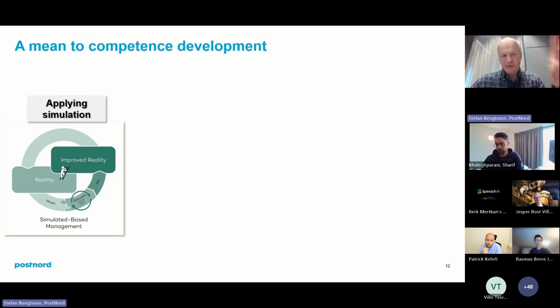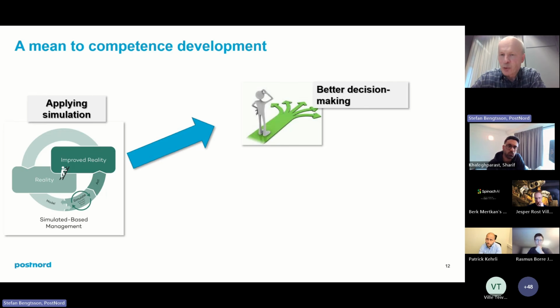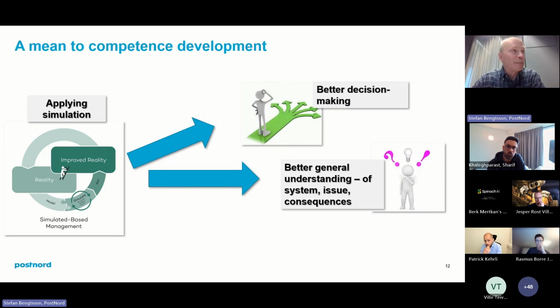Because I claim this, if we apply simulation with whatever tools, with whatever methods, with whatever competence we have, I think we can agree upon that we do that to support decision making. It helps us get better decision making. I think we also can agree upon that it will in some sense give us a general better understanding of the system, of the issue, of the consequences.